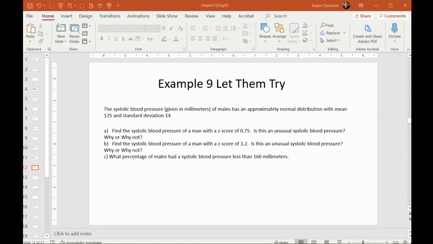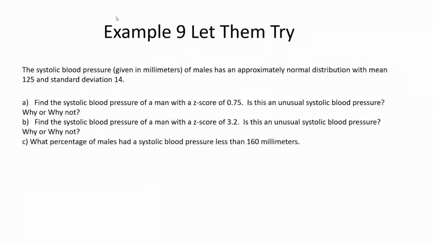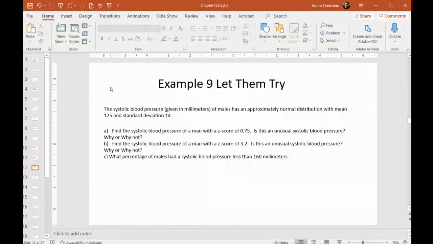Okay, so here again, this is a word problem from the textbook, actually. So again, the blood pressure, I'm not sure how to pronounce the first word, of males, we're told, has a normal distribution, okay?